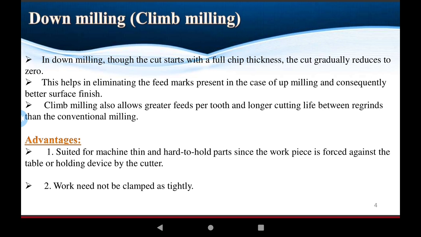This helps in eliminating the feed marks present in the case of up milling, and consequently gives better surface finishing.